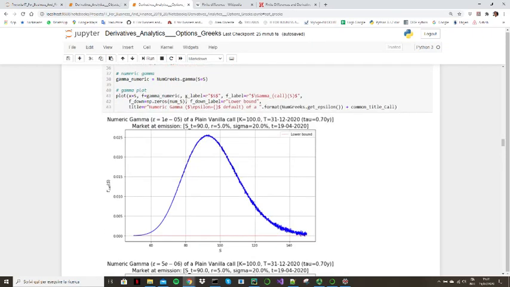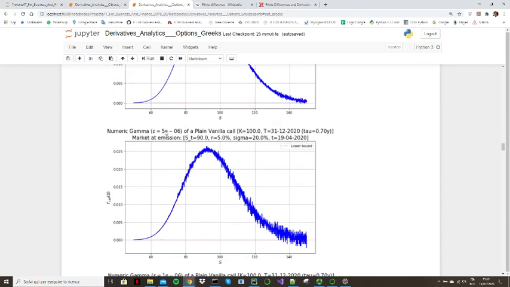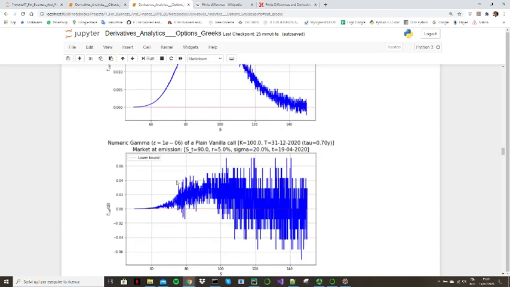For example, for epsilon equal to 10 to the power minus 5, you get this instability, which increases if you consider 5 times 10 to the power minus 6, and it messes everything up if you consider epsilon equal to 1 over 1 million.